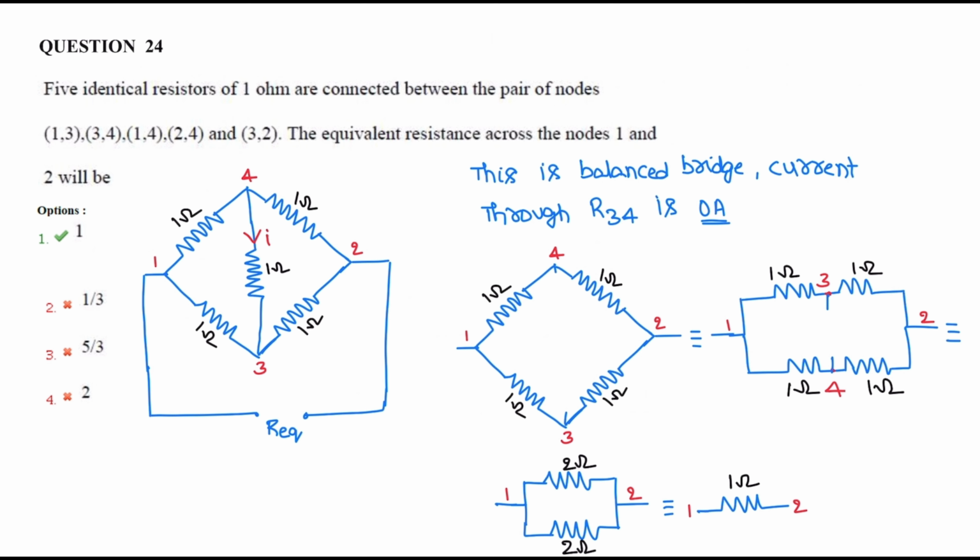Next question. Question number 24. 5 identical resistors of 1 ohm are connected between pairs of nodes. Here a 1 ohm resistor is between 1 and 3, between 3 and 4, between 1 and 4, between 2 and 4, and between 3 and 2.